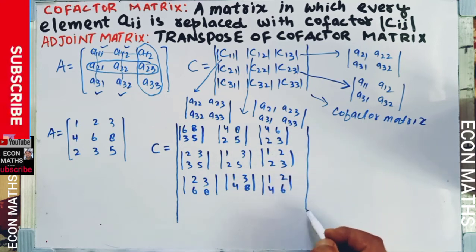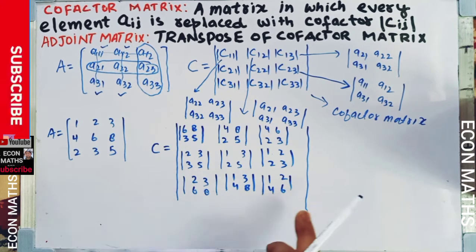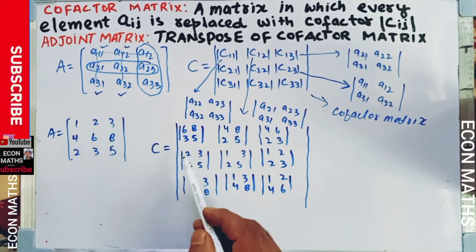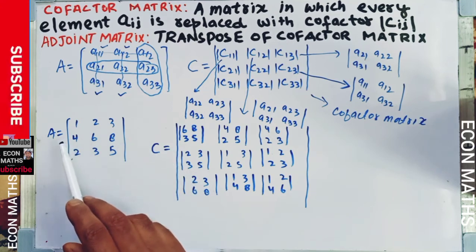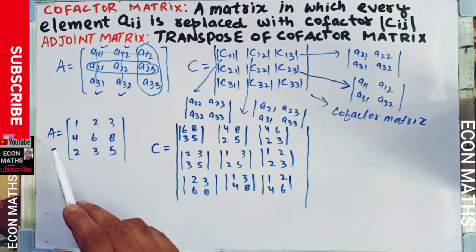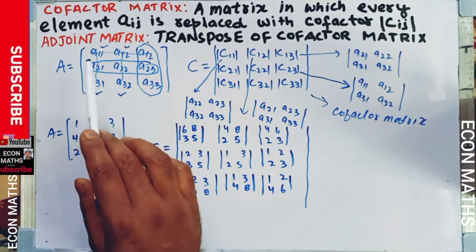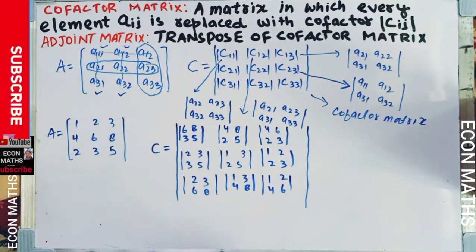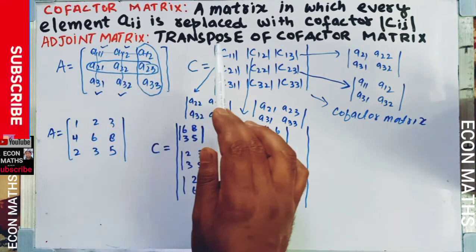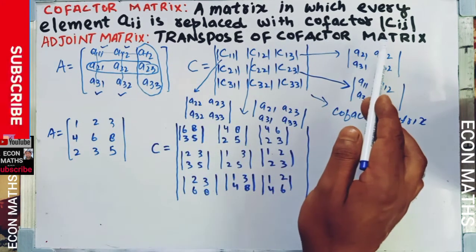Now this matrix is called the cofactor matrix of the given matrix. Now an adjoint matrix is the transpose of the cofactor matrix.